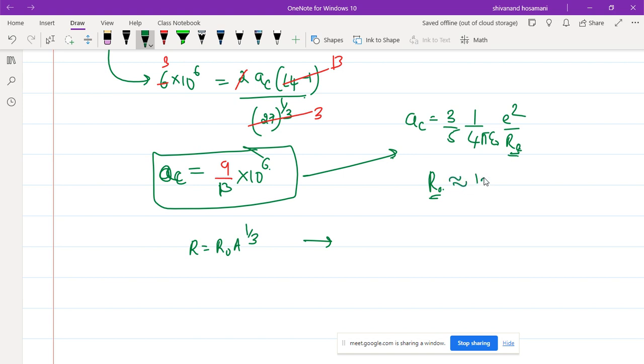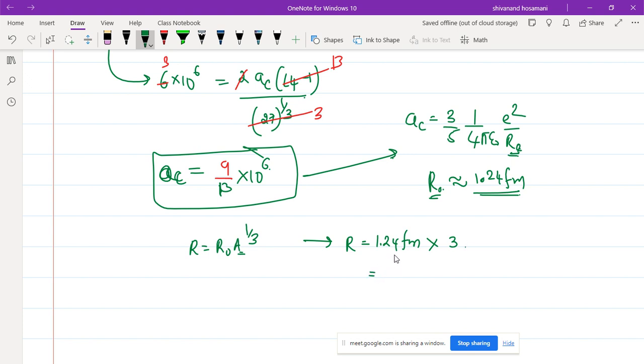Calculating, R naught comes almost 1.2 to 1.3; exactly, the answer is 1.24 fermi. So R can be calculated as 1.24 fermi into A to the power of 1 by 3, and A to the power of 1 by 3 is 3.